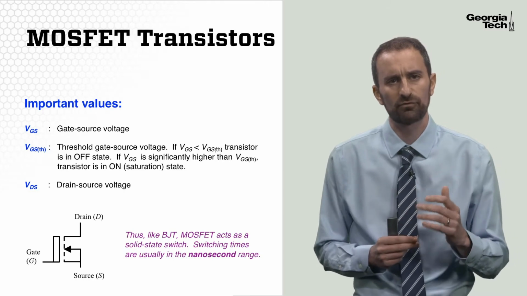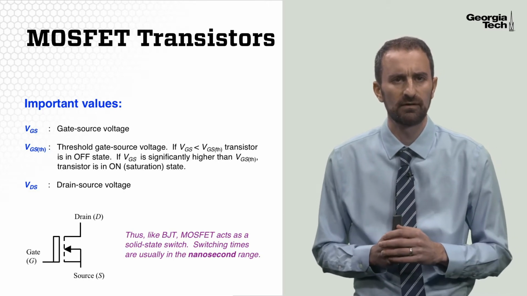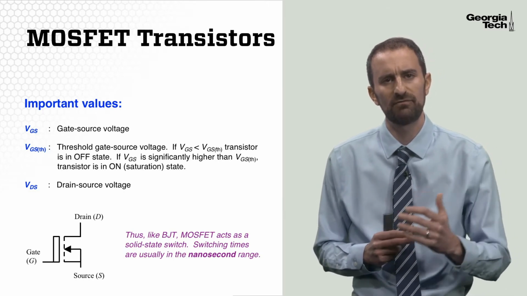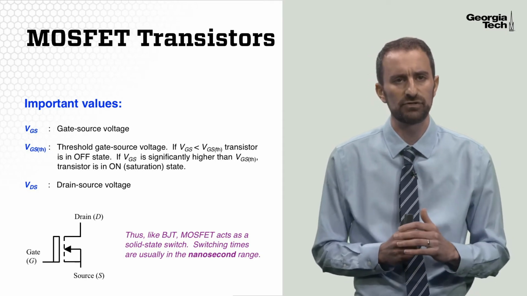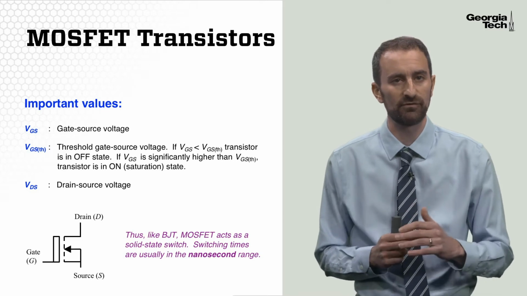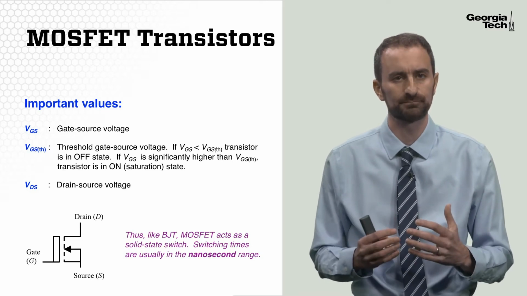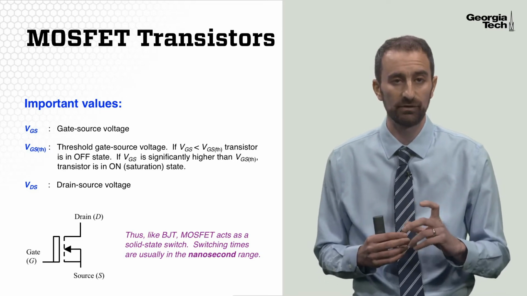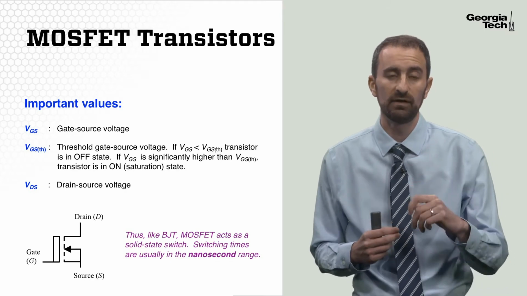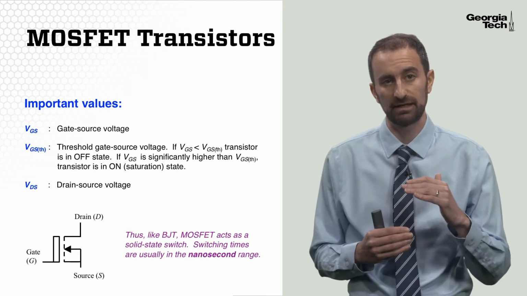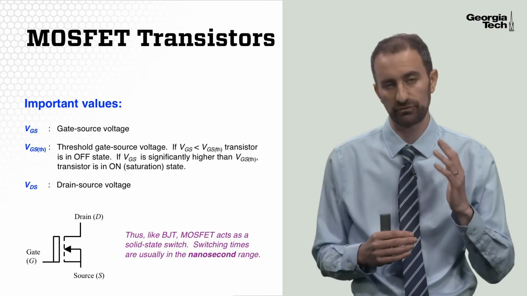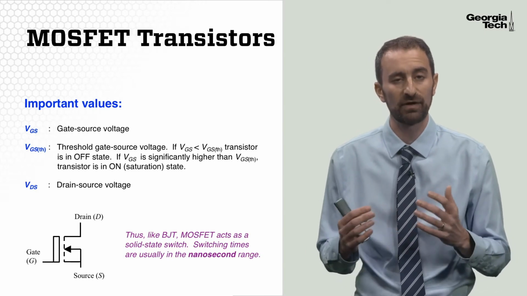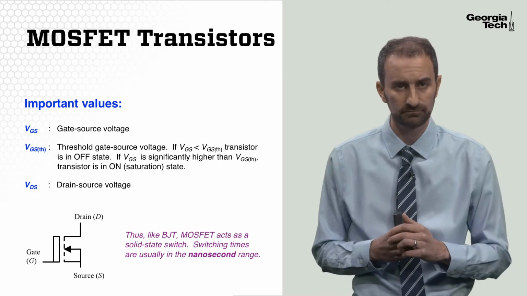The gate source threshold voltage is essentially the value that we need to raise the voltage above in order to put our transistor into the saturation state. So that value is critical because when we turn that voltage, that gate threshold voltage, say from 0 above that threshold voltage, that will turn our MOSFET switch on, so to speak.